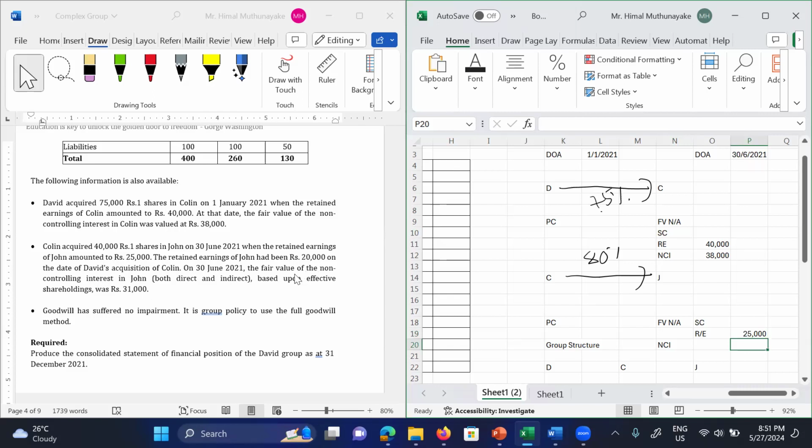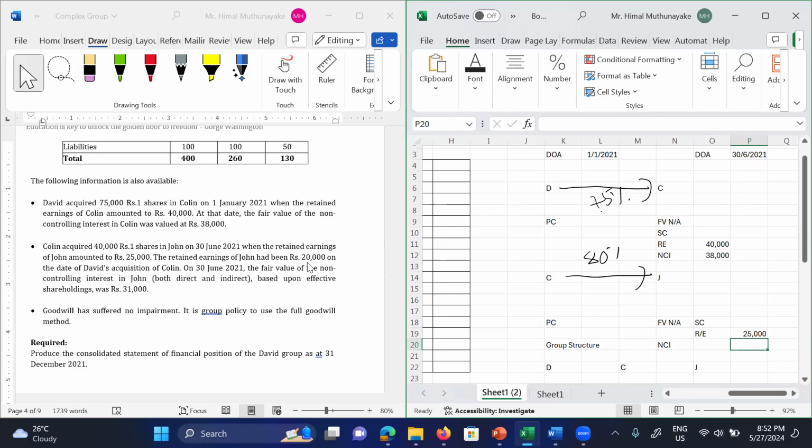So you are not taking this 20,000. It's given to mislead you. If you take this 20,000, your whole calculation will go wrong, because we need to take the acquisition date to calculate the goodwill. Other than the acquisition date, we are not taking any other information to calculate the goodwill.